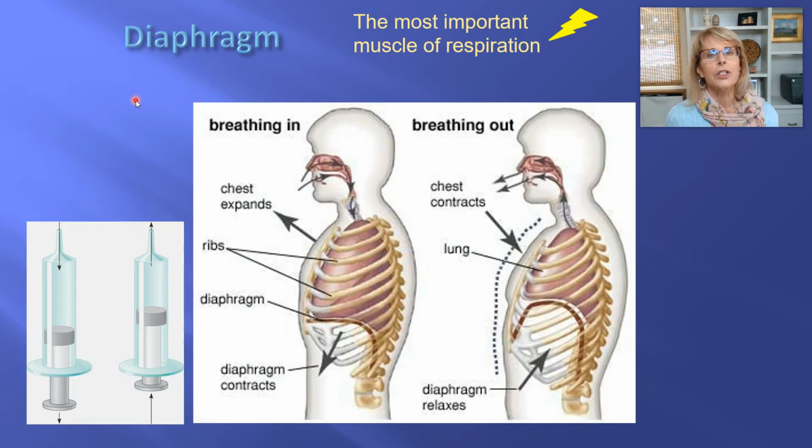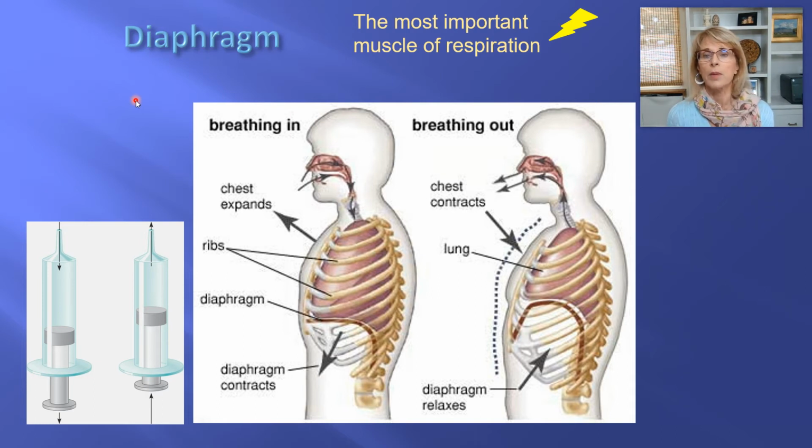How do we actually breathe, though? I hope by now that you've learned from your lab that the diaphragm, silent G, the diaphragm is by far the most important muscle of respiration. Do we have other muscles that help us breathe or breathe deeply? Yes. Your abdominal muscles help you exhale very fast.